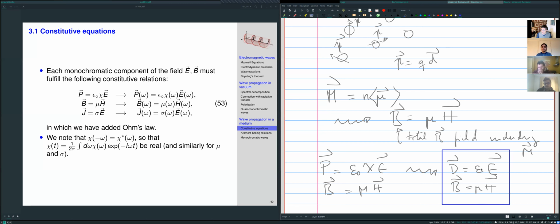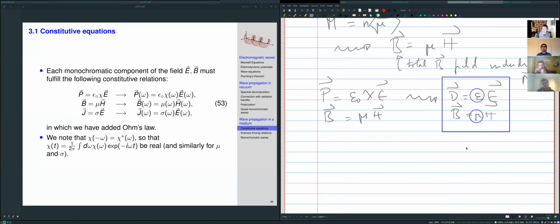These are the electric and magnetic permittivities. We can also add Ohm's law, where we have a proportionality between the induced current and the applied electric field, and that would be the conductivity.